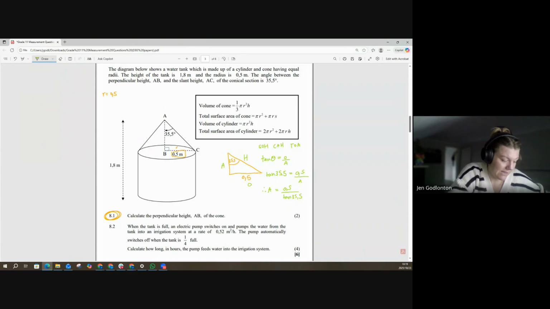So we're going to say 0,5 divided by tan 35.5, and that gives us the beautiful answer of 0.7009. And so we can round that off to saying 0,7. So now we know that this is 0,7.